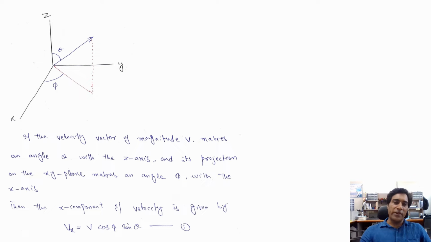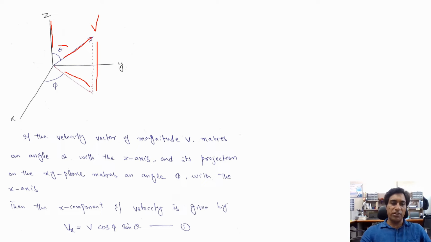I suppose this is the velocity vector. Its magnitude is v, and it makes an angle theta with the z-axis. So this is the z-axis, and this is its projection.